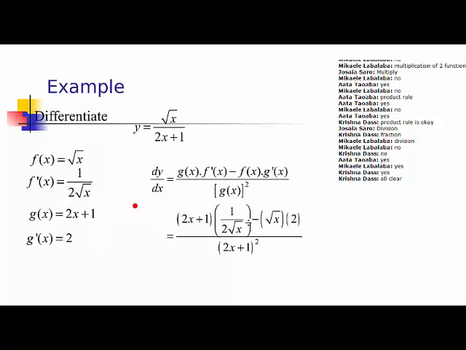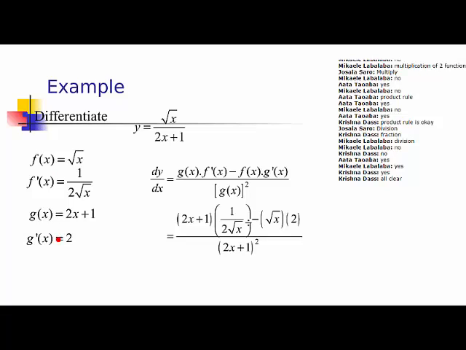Now let's look at one example then. We have to differentiate root of x over 2x plus 1. As I said for the product rule, same goes here. I highly recommend that you differentiate them separately, and then you just have to substitute into the formula.